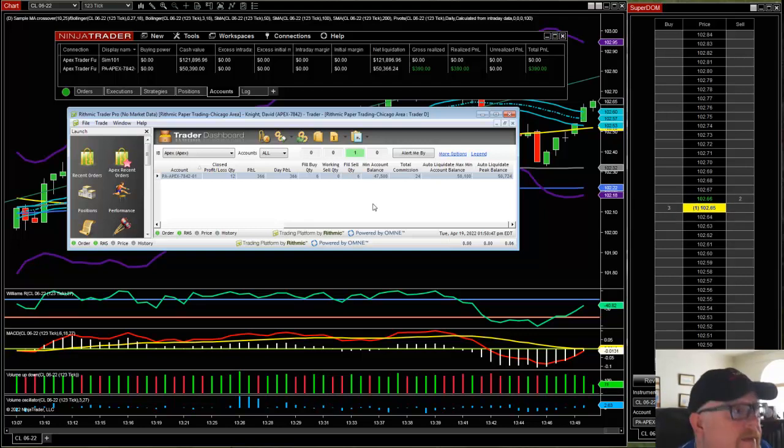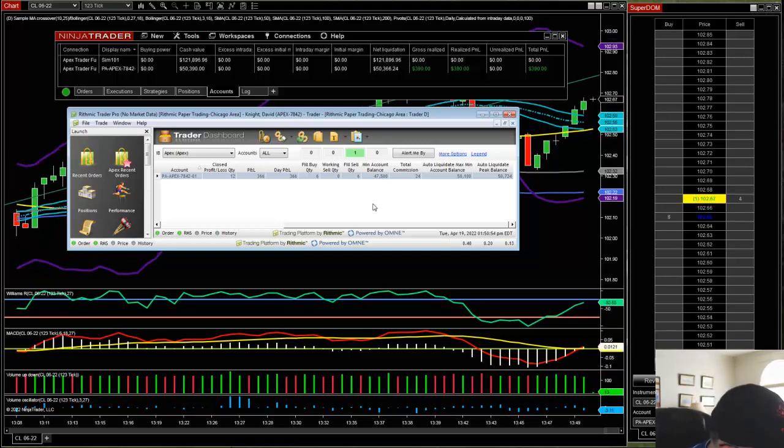My balance is at 53.66, plus 39 ticks. I believe I had 4 trades, right? No, I had 6 trades. I took a loss to start with.